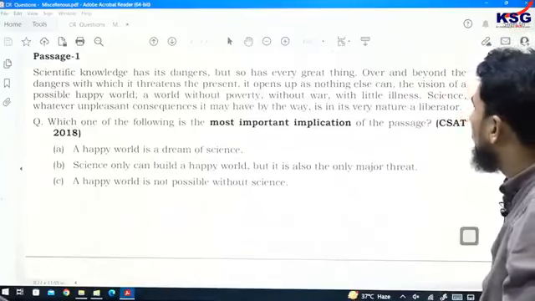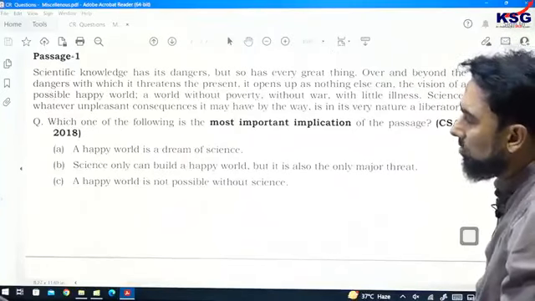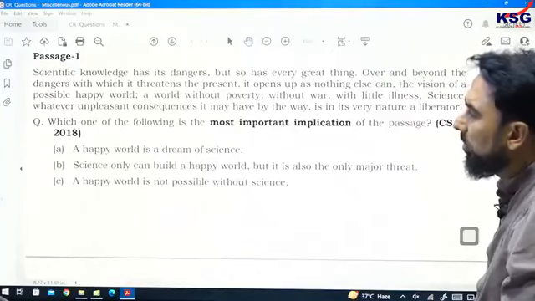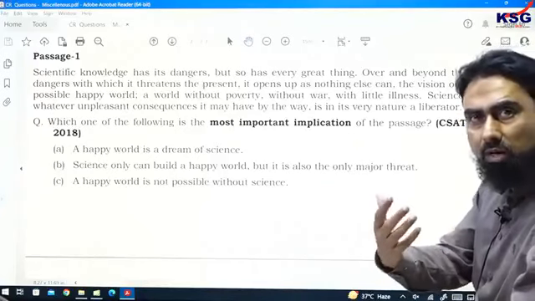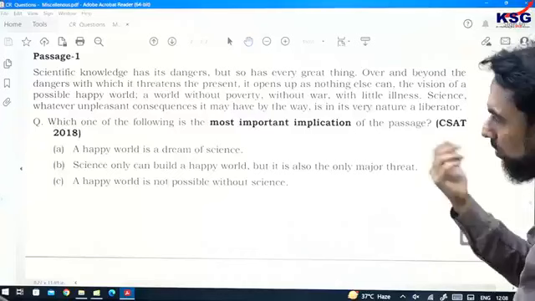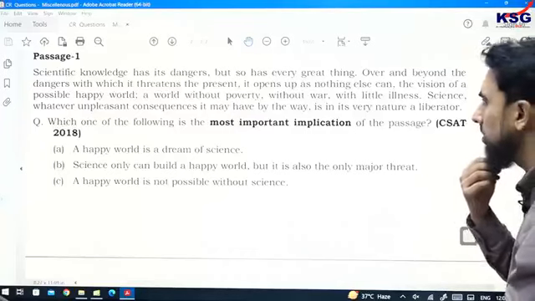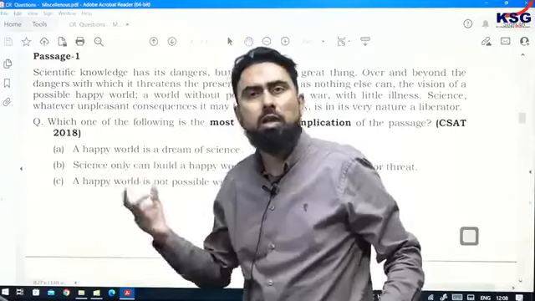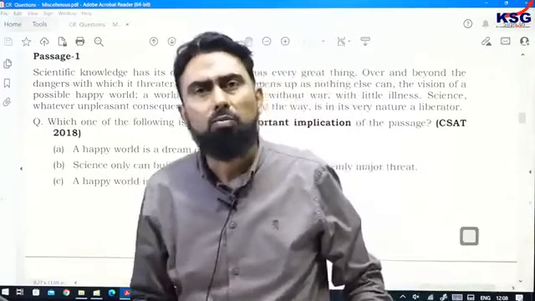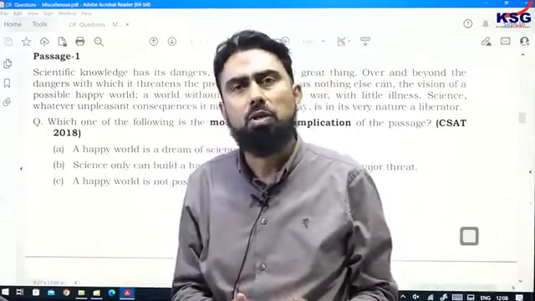It asks you about the important implication. So we are supposed to find out any statement which is based on the passage and which is a logical and valid meaning taken from the passage. Only option A, happy world is a dream of science, right? So you can say it's like an effect of what the author has told you about science.